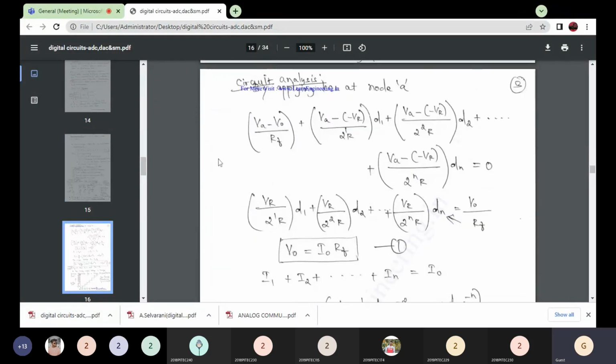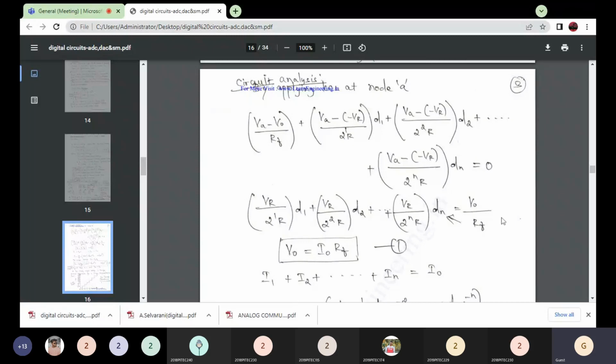So we get plus VR divided by 2 power 1 R D1, plus VR divided by 2 power 2 R D2, plus up to VR divided by 2 power n R into Dn, equal to V naught divided by RF. From that, what is the analog output voltage? The analog output voltage V naught equals feedback resistance RF times these current terms. So the sum of these currents should be equal to what?